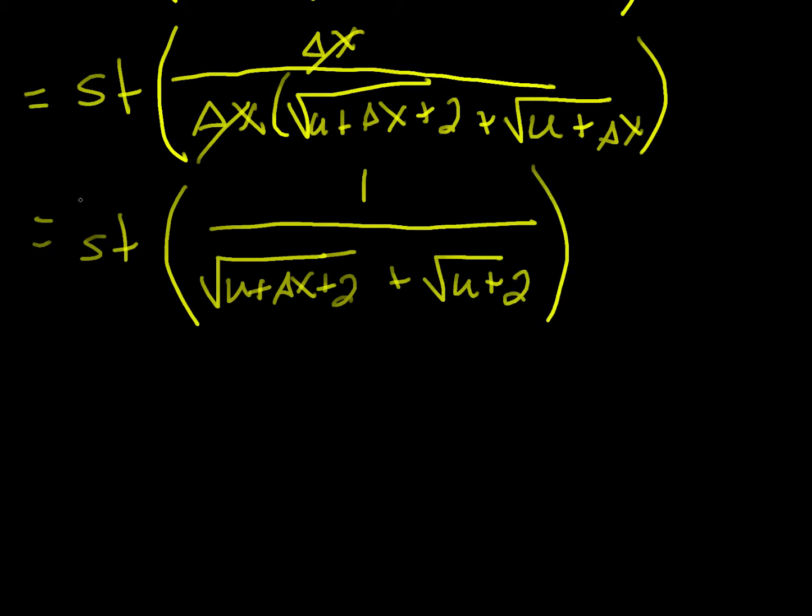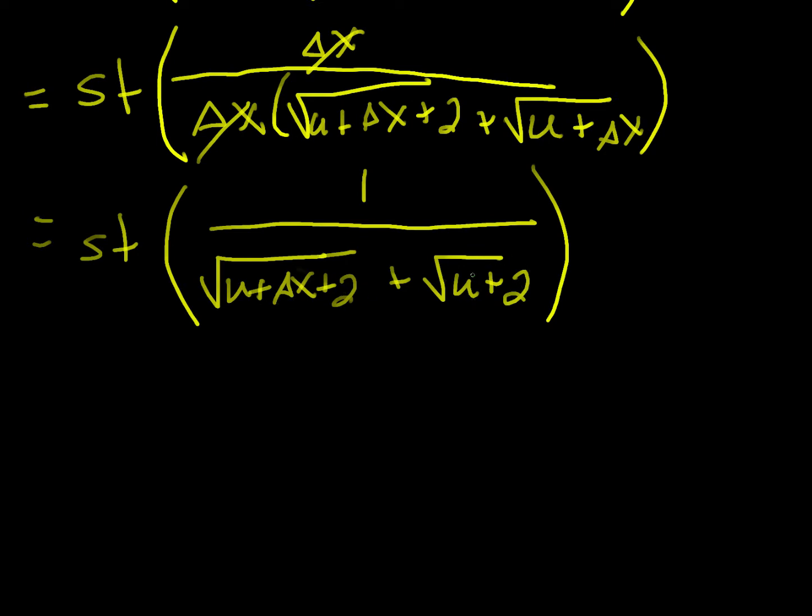And now we can apply the standard part. The standard part of the numerator is 1. And as a standard part, remember, it'll move through the radical, move across addition, and u is a real number. Delta x is an infinitesimal, so it'll go to 0. 2 is a real number, u is a real number.